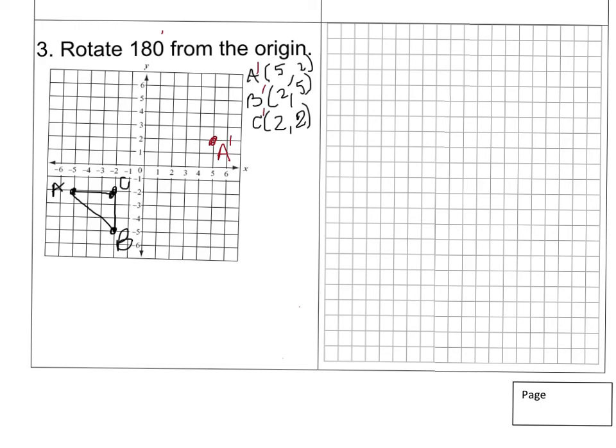Technically, these are your primes. B prime is at (2, 5). And C prime is at (2, 2). Connect them, and there you have your rotation.